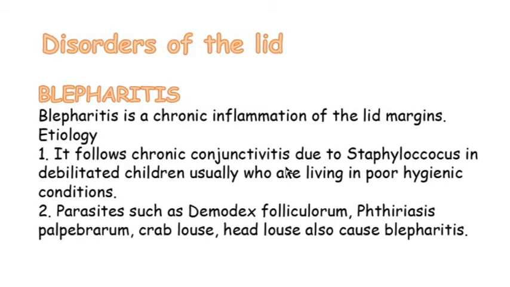Okay, so blepharitis is the most common ocular condition, basically characterized by inflammation, scaling, redness, crusting of the eyelid. So this condition may also cause burning, itching, or the sensation of foreign objects sometimes.